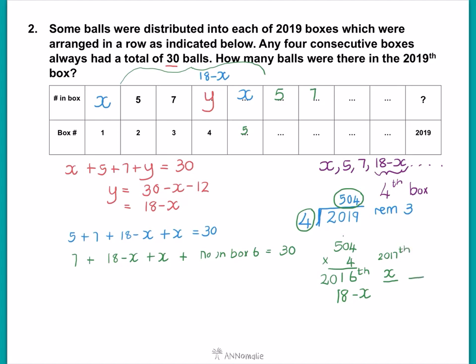In the 2018th box, there will be 5 balls, and then in the 2019th box, as the pattern repeats in 4, there will be 7 balls. So the answer to this question is 7 balls.